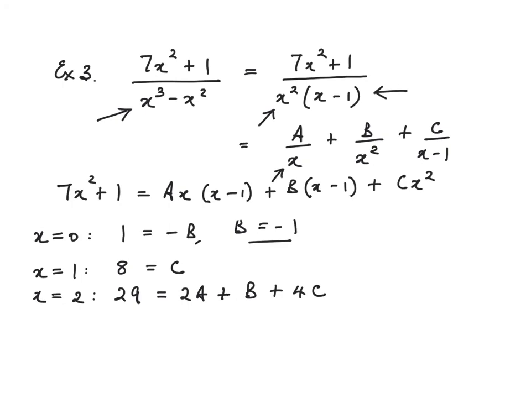So we can sub in the values that we know. 29 equals 2a plus b plus 4 times c, 4 times 8 is 32. 29 plus 1 is 30. 30 take away 32 is minus 2. a then has the value minus 1.